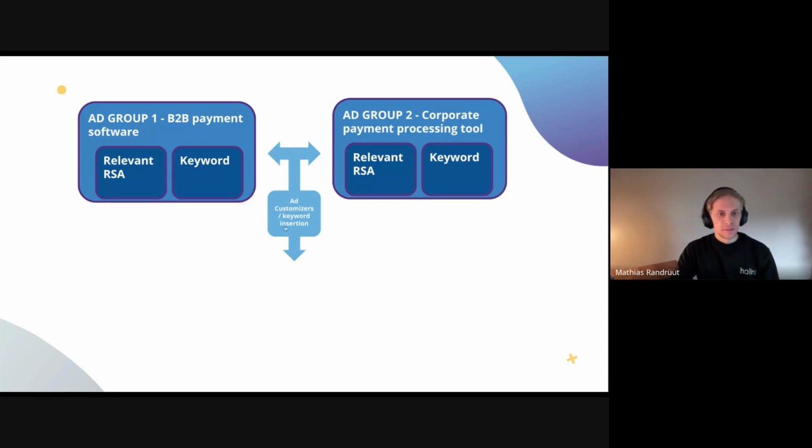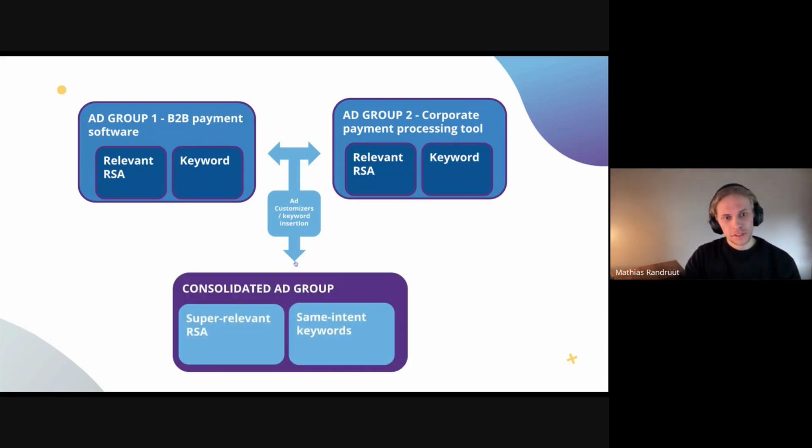Now we can implement ad customizers or keyword insertion and actually create one consolidated ad group that is including all of these keywords and also all of these keywords. So at the same time, the messaging will stay very similar to what it was before. Basically, you can keep it the same.